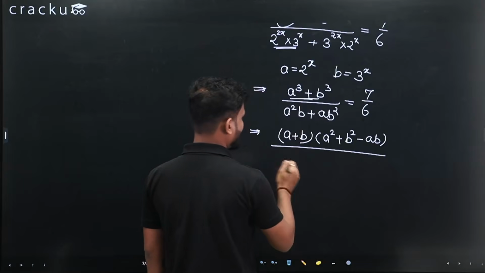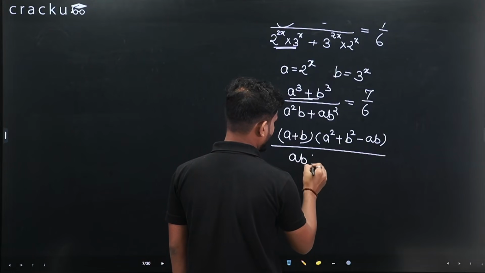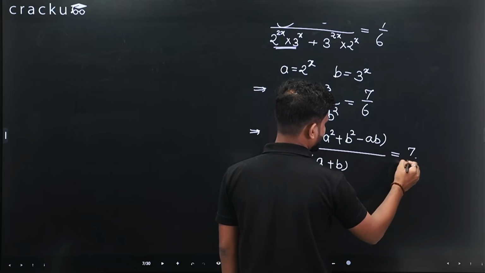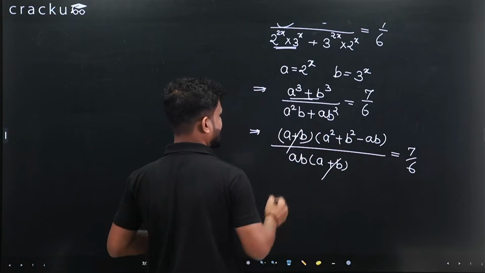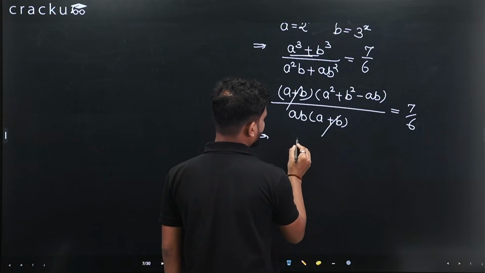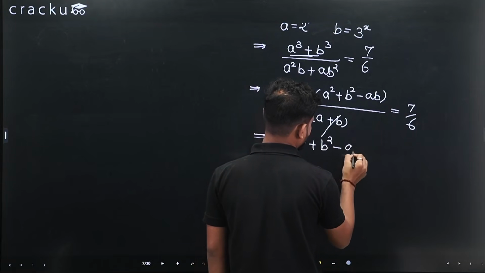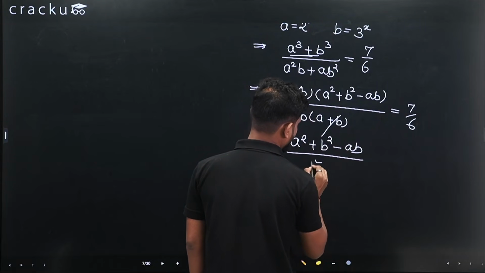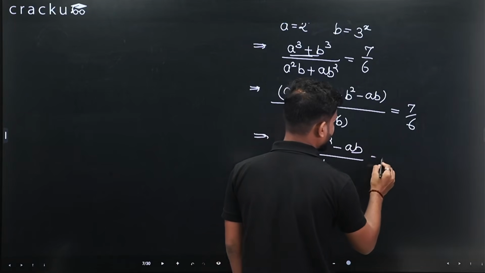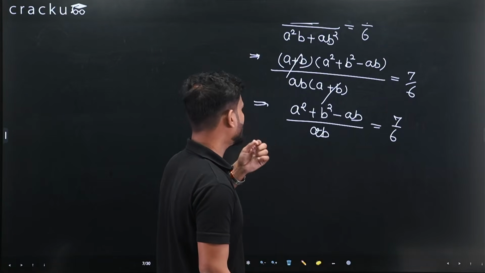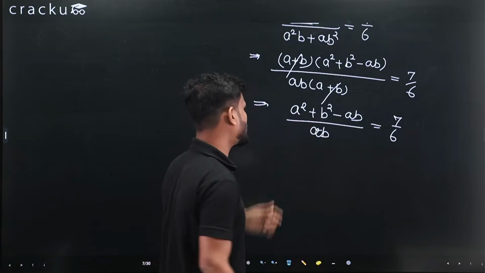Here you can take ab common. So if you take ab common, you will be left with a plus b is equal to 7 by 6. You can cancel a plus b, a plus b. From here you get a square plus b square minus ab upon ab is equal to 7 by 6. Now you can use the componendo property.